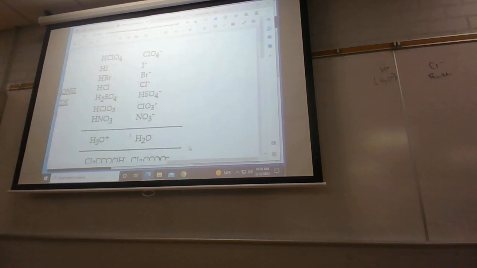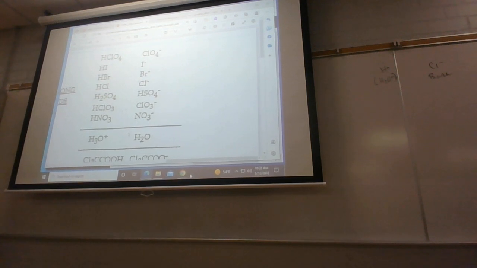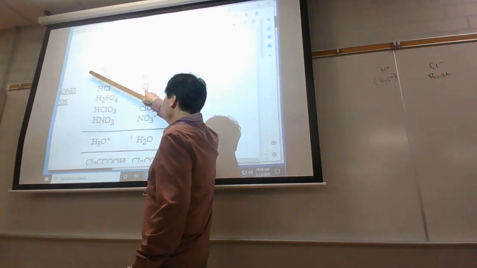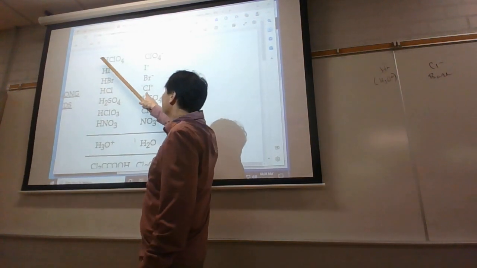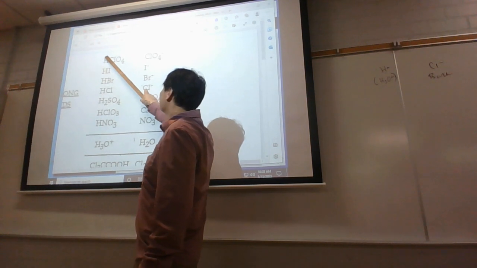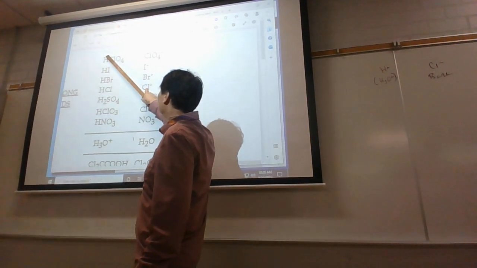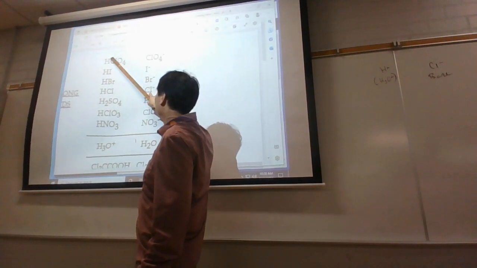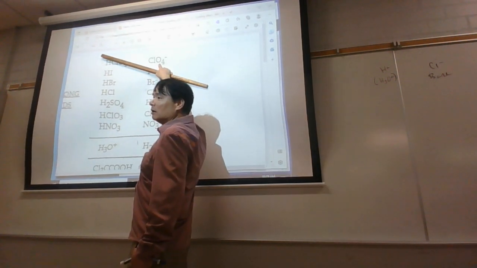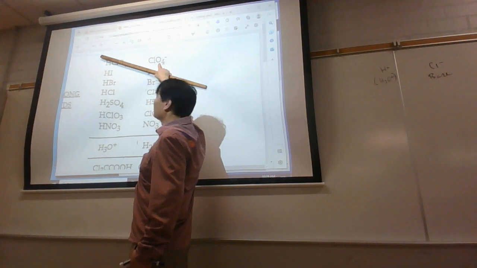So let's go back up here. I got an idea. Chloride is a base. It'll react with acids that are stronger. Let's just use the strongest acid, HClO4. So we're going to go from chloride and HClO4 to form perchlorate.